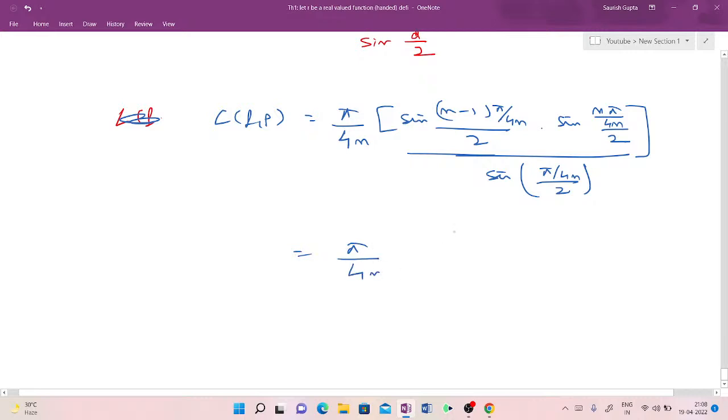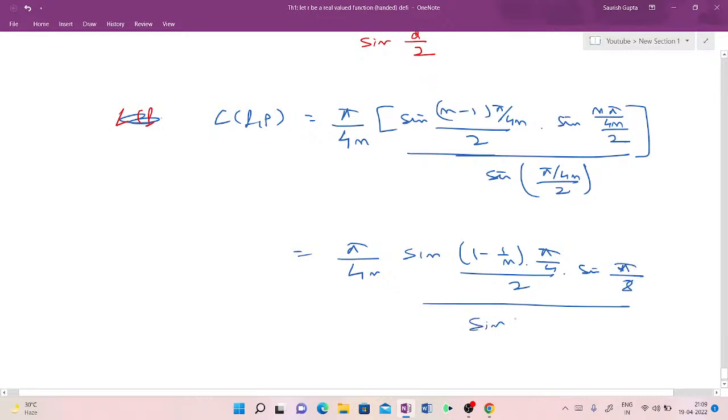Calculating this, let's see what you get first. Here you have sine of (n minus 1) pi upon 4n by 2, right? So you can write this as sine of (1 minus 1 over n) times pi upon 4 by 2. This is sine of pi by 8, right? And here you have sine of pi upon 4n by 2. So what you can do is multiply a 2 there.